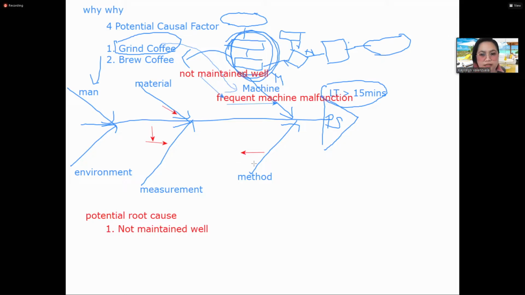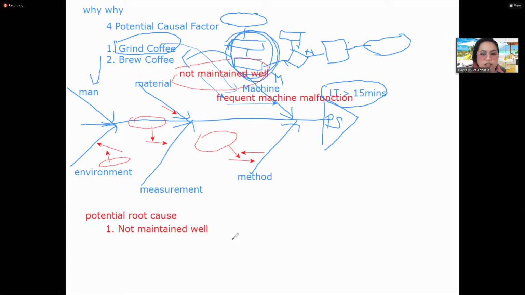In terms of environment. So, identify nyo lahat ng dulo, okay? Lahat ng dulo ng inyong fishbone, so, not maintained well, kung ano man yung nandito, yun yung PRC nyo. Okay, yun yung potential root cause mo.